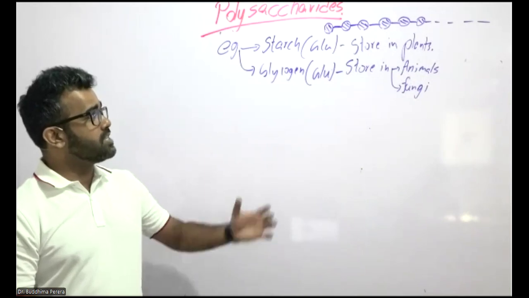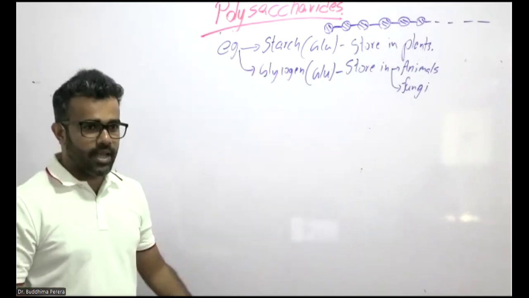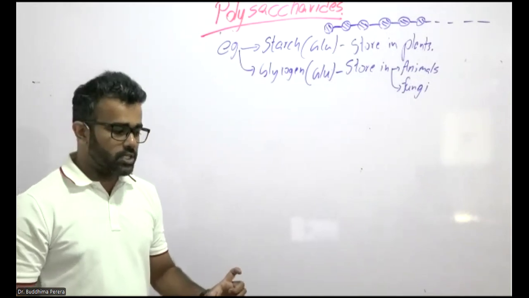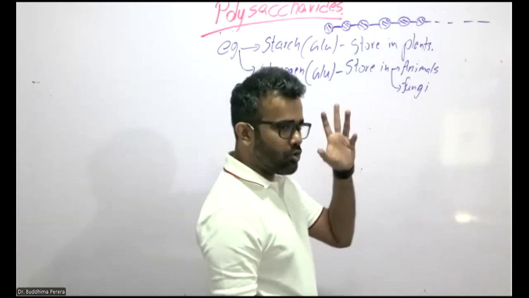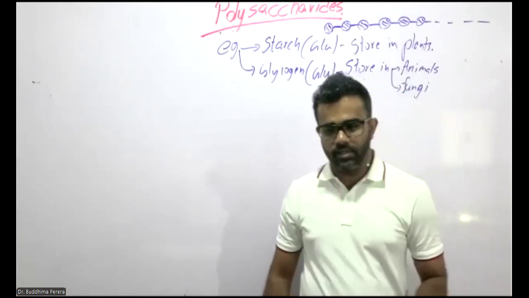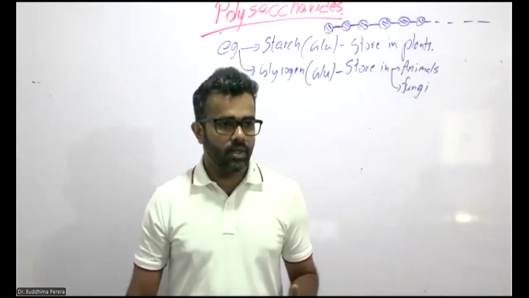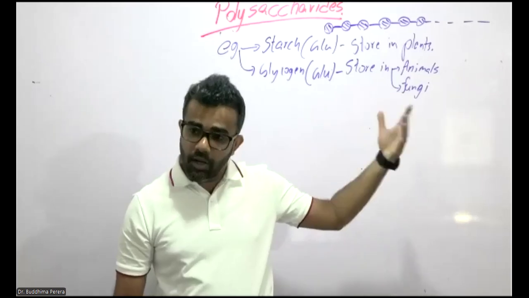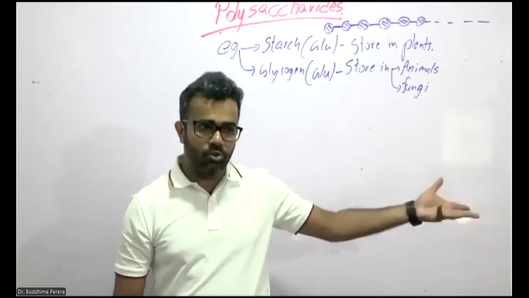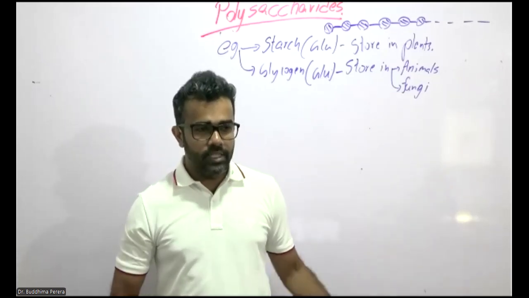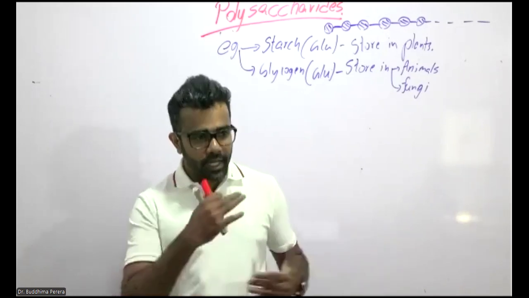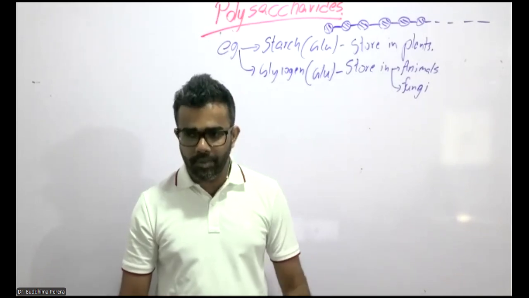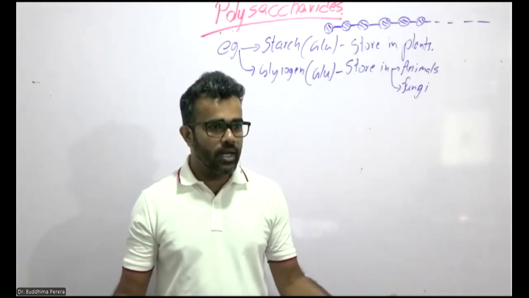The problem is most of these examples are new to you. So these words are very difficult for you to memorize. You'll see. But don't worry, because we'll learn about most of them in the future. Right? These examples we meet in the future, like pectin. Middle lamella, pectin is in middle lamella. You don't know middle lamella.